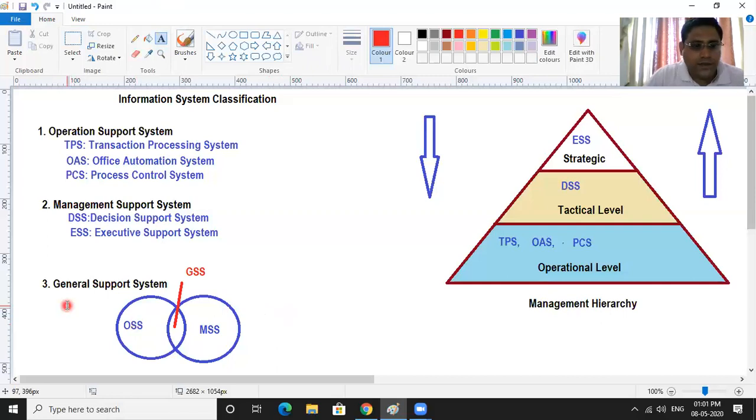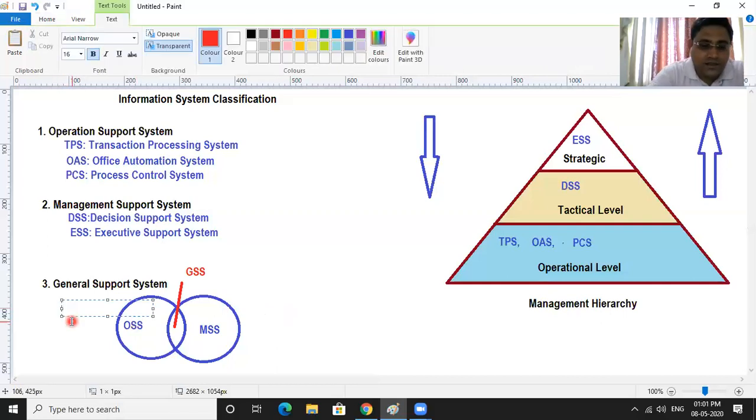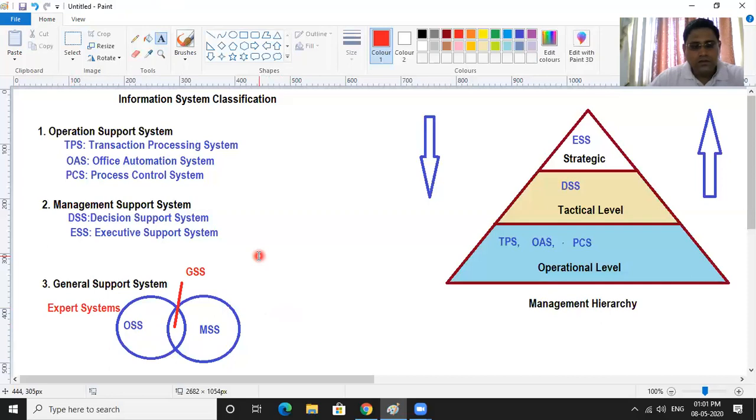The best example of general support system is, you might have heard, expert system. We will discuss expert system later on. It is a combination of computer science with artificial intelligence and the robotics part.